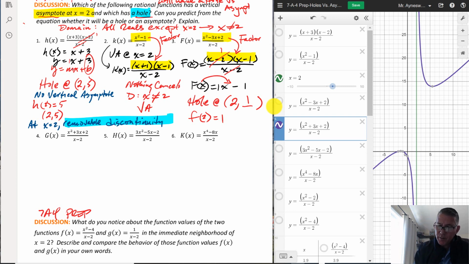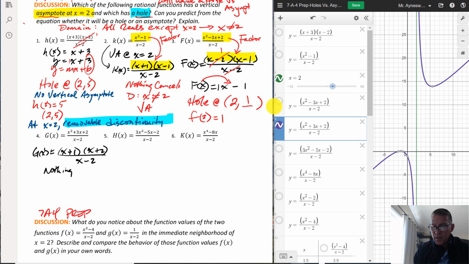Okay, so let's factor. So g of x now is going to be equal to something here. So two numbers that multiply to 2 and add to 3 are 1 and 2. So it's x plus 1 times x plus 2. And notice that nothing cancels again.